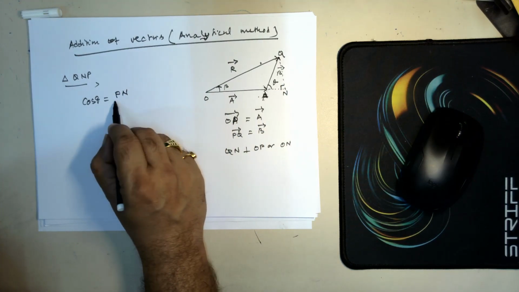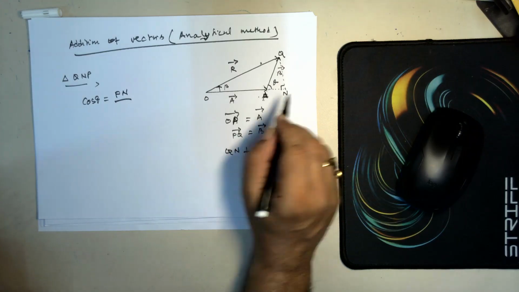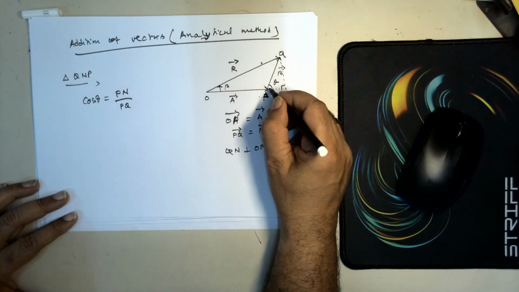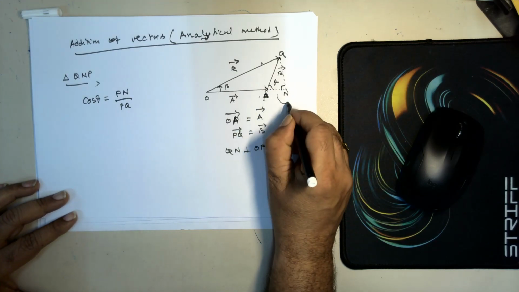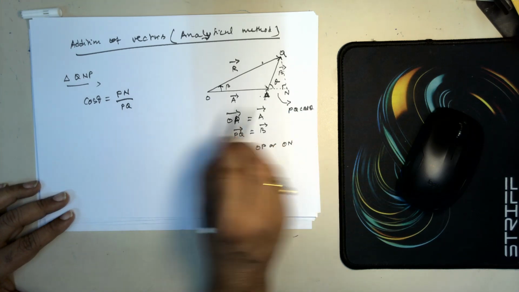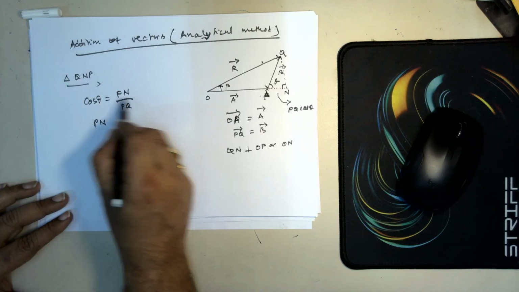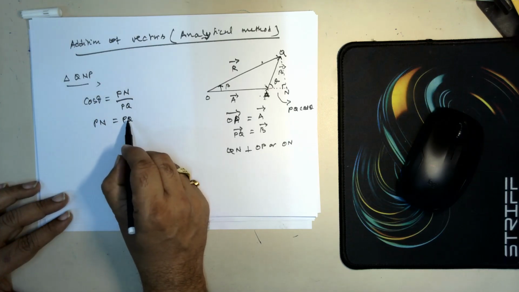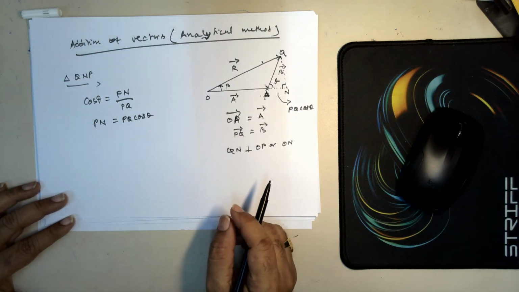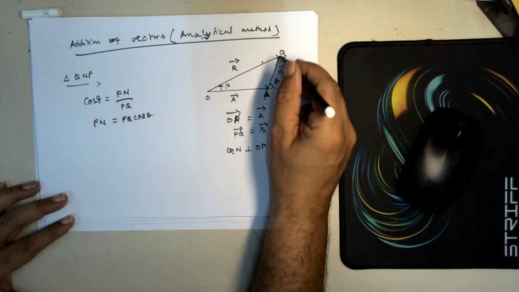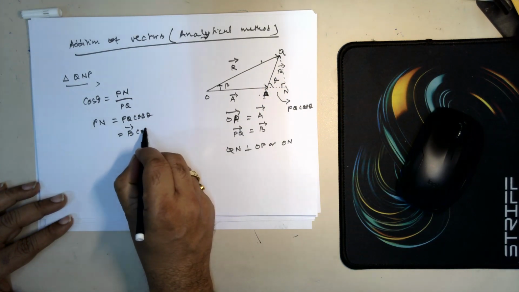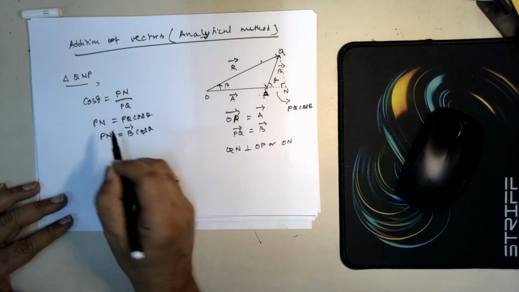So PN divided by hypotenuse PQ. Therefore, we can label this PN as what? PQ cos theta. Do you understand how? Because PN is equal to, you can rearrange it and get PQ cos theta. PQ is the vector B, so we can replace this by B vector cos theta. Okay. So this is PN.